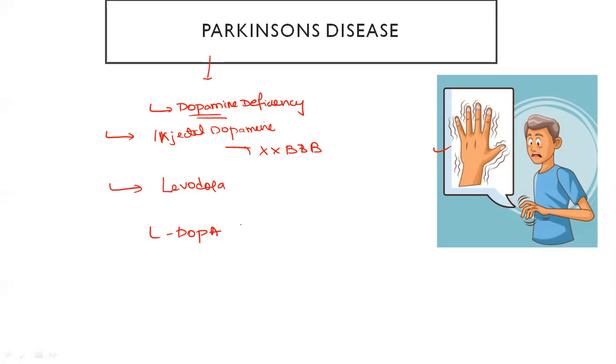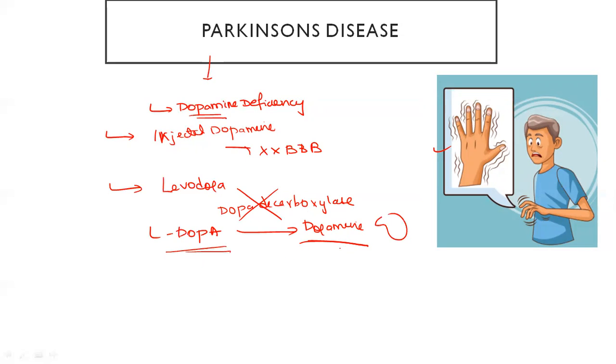But the main problem is that it is converted into dopamine before it reaches the brain itself because of an enzyme called dopa decarboxylase. Okay, so it is getting converted before itself. Now we have to inhibit this enzyme so that L-dopa will get converted into dopamine only in the brain.